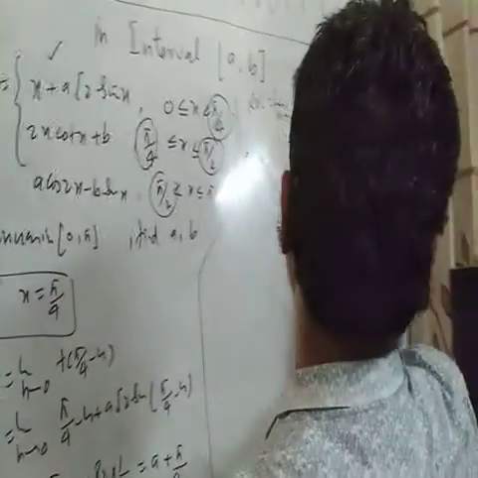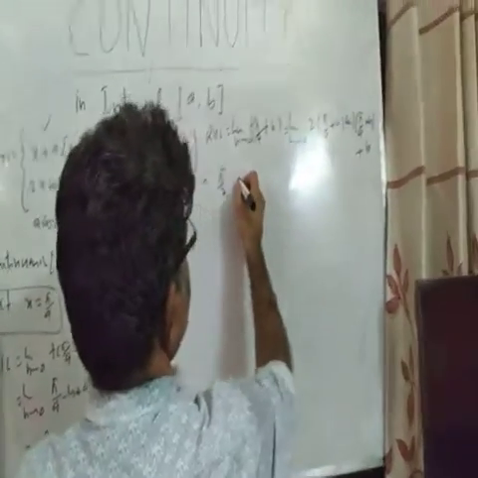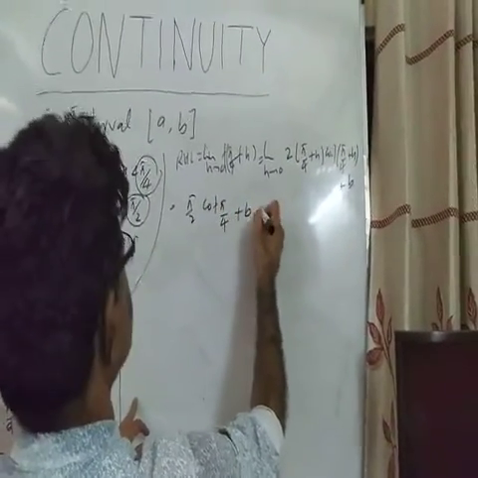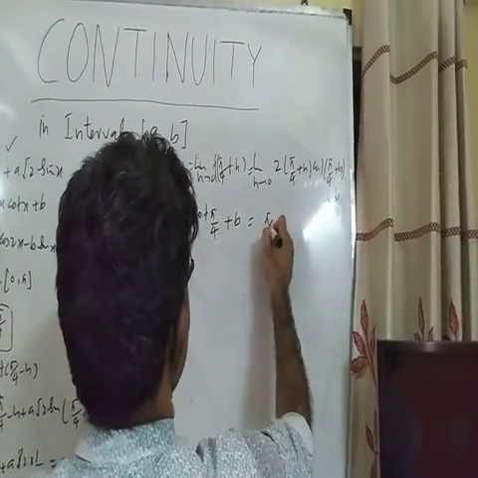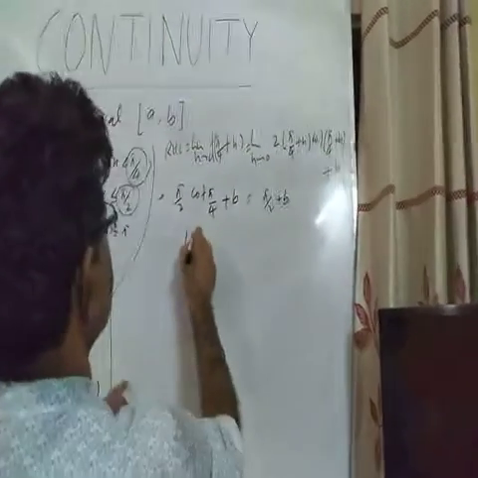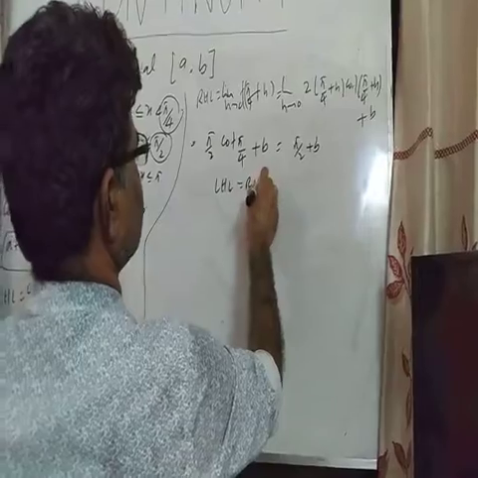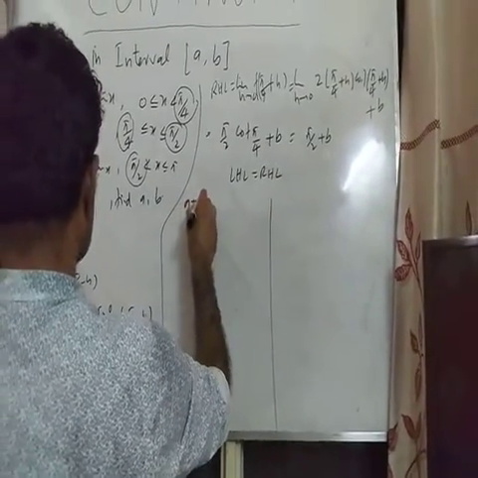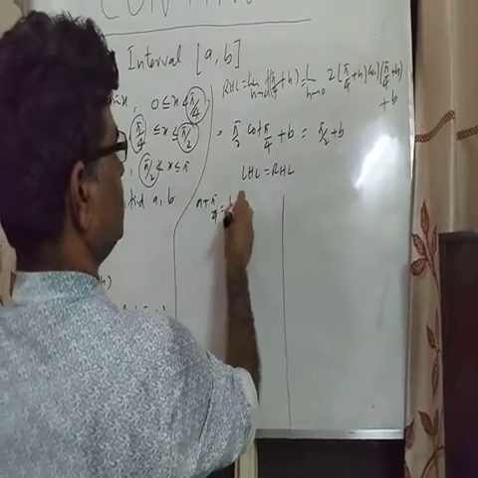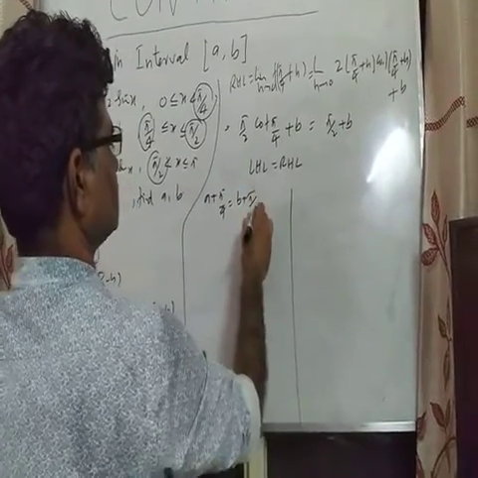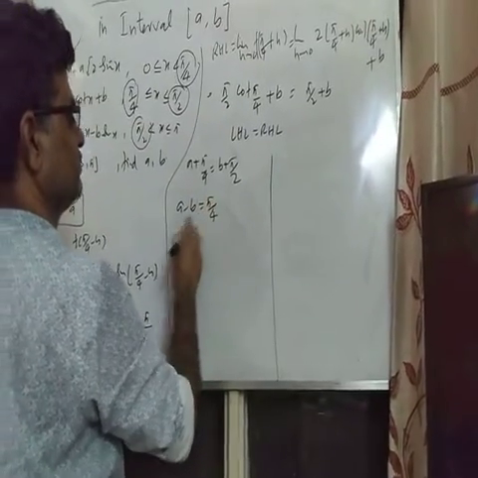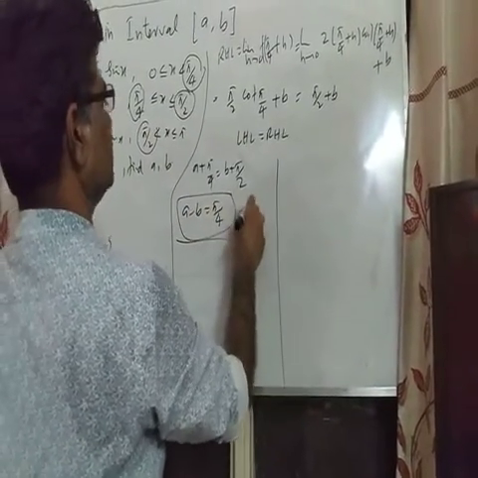Now put h equals 0, so we are getting pi by 2 cot pi by 4 plus b. So this is equal to pi by 2 plus b. So this left hand limit will be equal to right hand limit. So a plus pi by 4 will be equal to b plus pi by 2. So a minus b is equal to pi by 4. This is equation number 1.